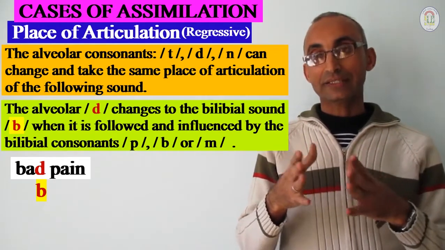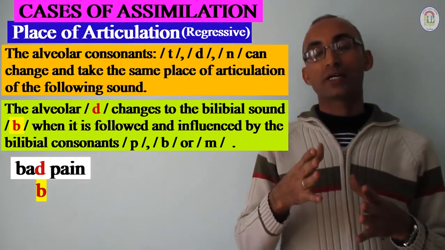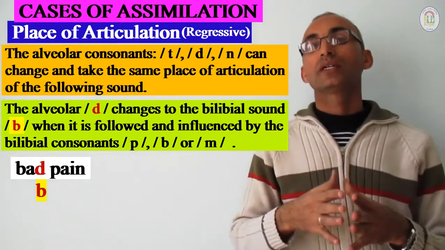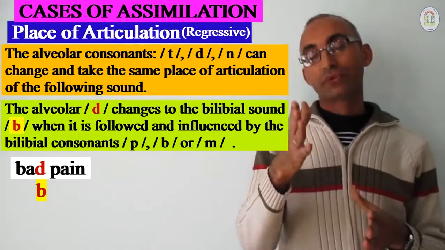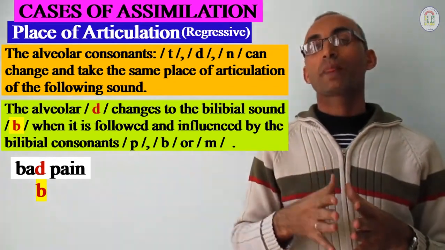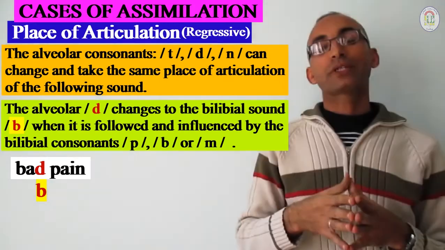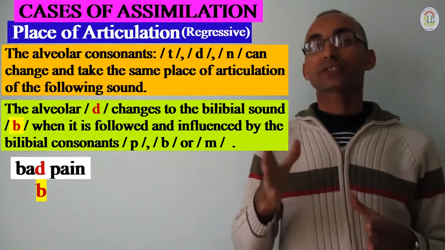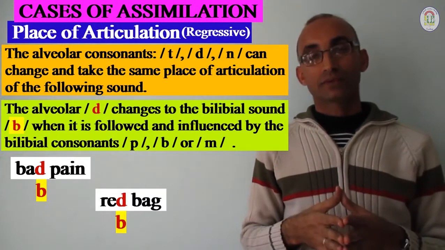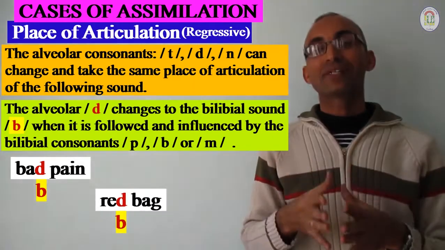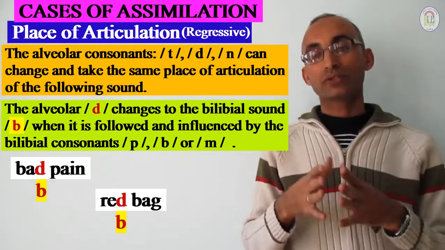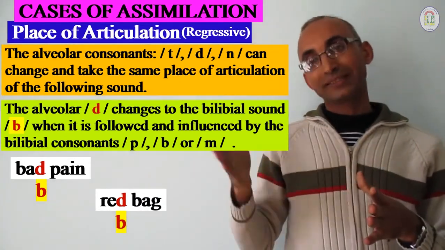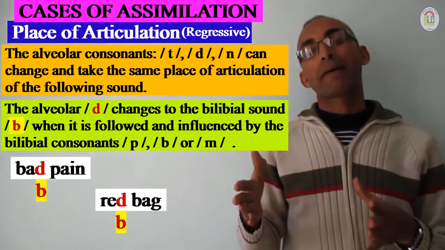Because it is followed and influenced by the bilabial pa. Also, red back, da here also in red is influenced and pronounced ba, the same as the following bilabial sound ba.